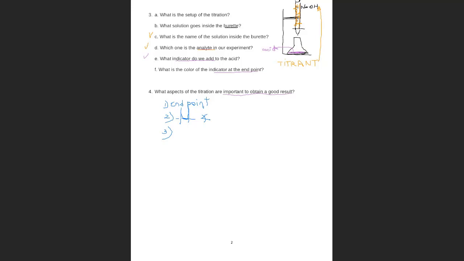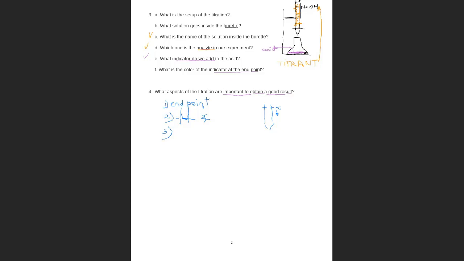And also, just to remember, but that's something that you are not doing, the volume markings in the burette: we have a 0 here, and the volume increases going down.